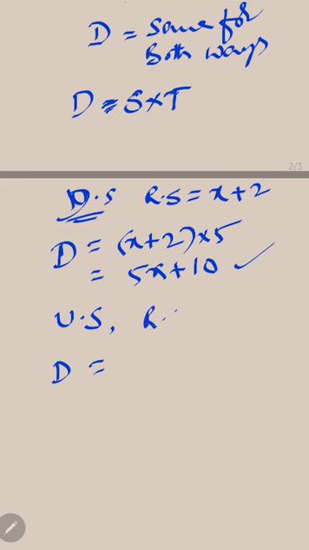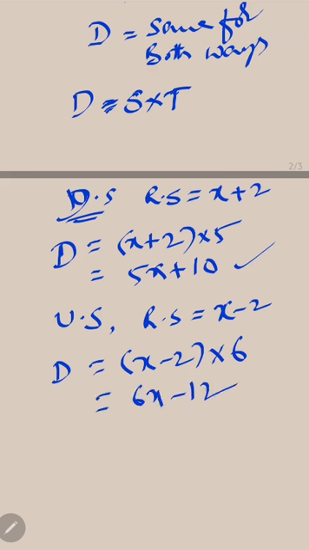The relative speed is x minus 2, where x is the speed of the boat and 2 is the speed of the water. So whenever we take relative speed for upstream, we subtract. Here again distance is equal to x minus 2 into the time taken for upstream, which is 6 hours. So we get 6x minus 12.